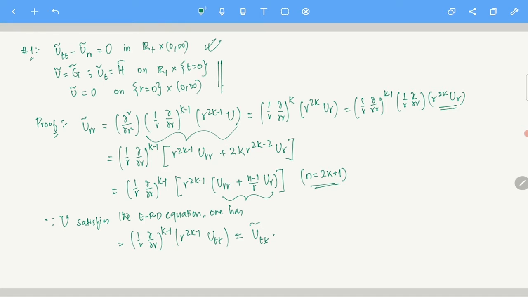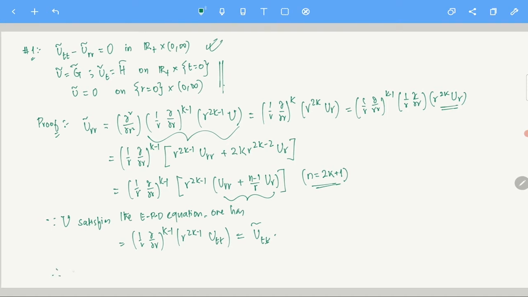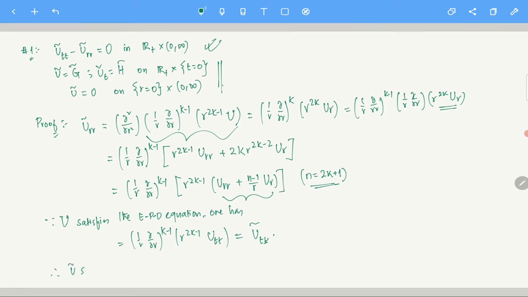So what does ũ do? ũ solves the 1D wave equation, not heat equation. It solves the one-dimensional wave equation. Again, as I told you, these two things you can easily check. There is nothing special going on here, so please check this part and you are done.